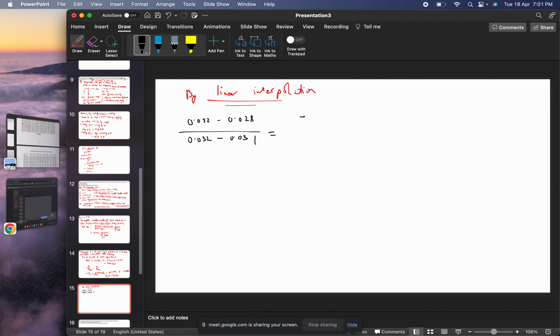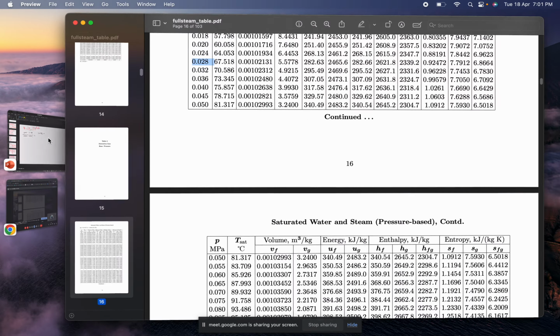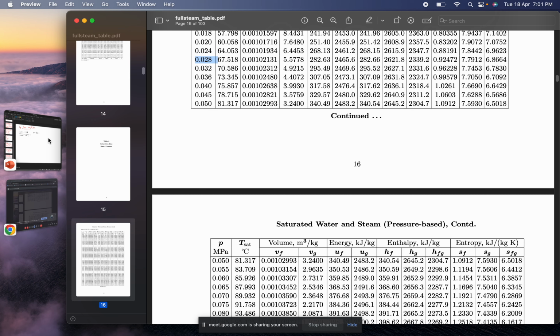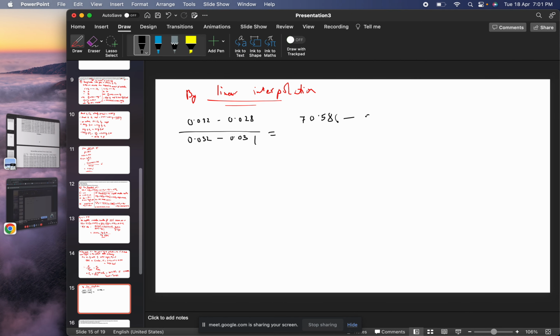70.586 minus 67.518 divided by 70.586 minus T dew point.